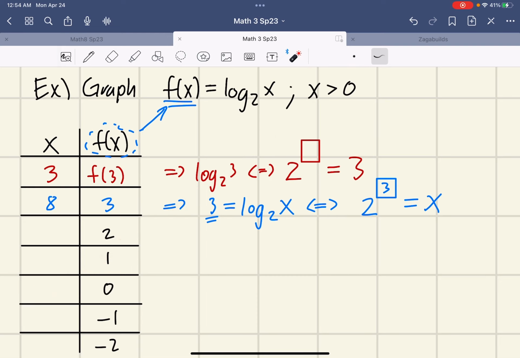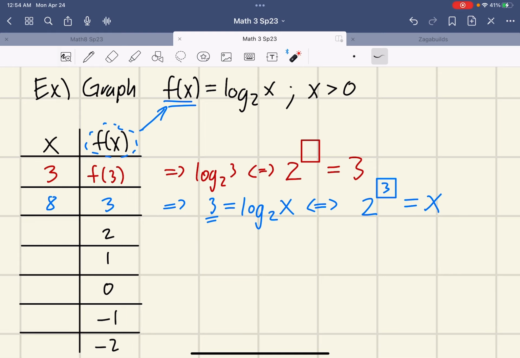So there's so many things to think about when it comes to a logarithm, when you're graphing it, for choosing your x versus choosing your y. And that's why for logarithms, I always emphasize just choose a y value instead of an x. And just because it says f of x, that does not mean it's not equal to some number.